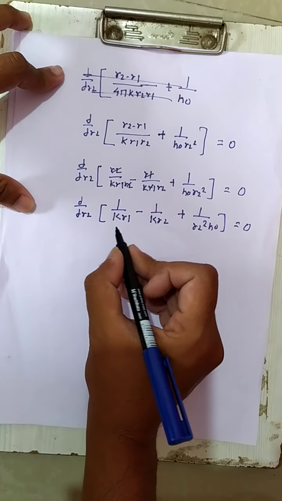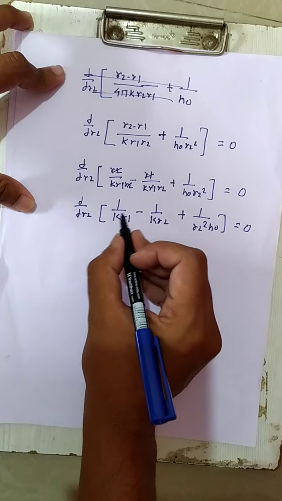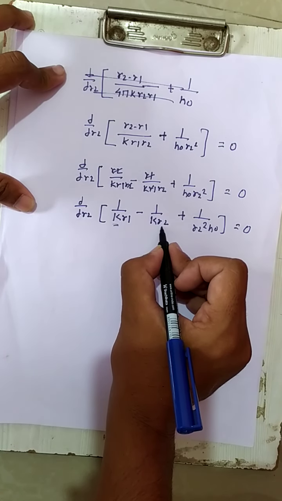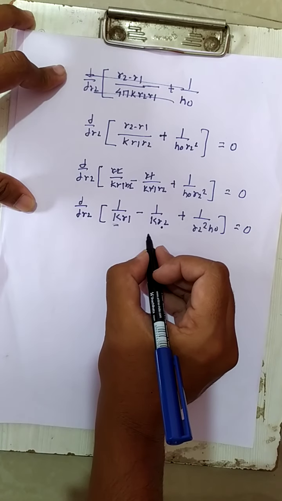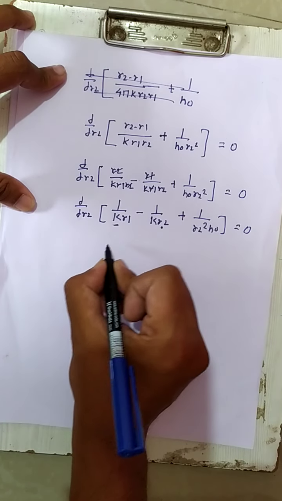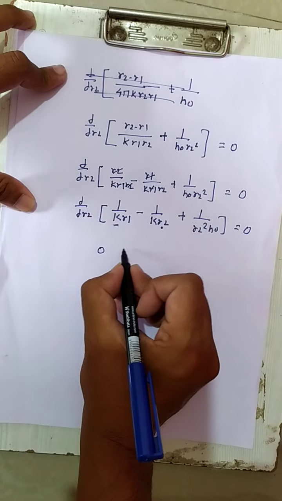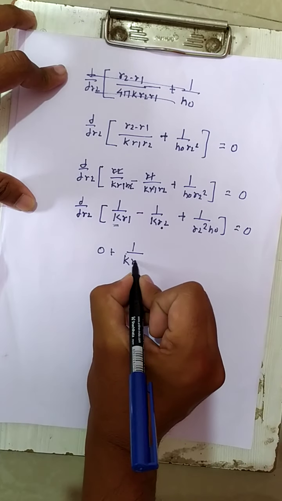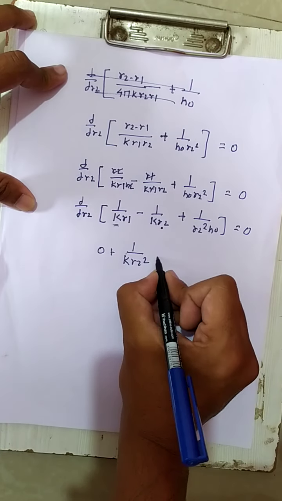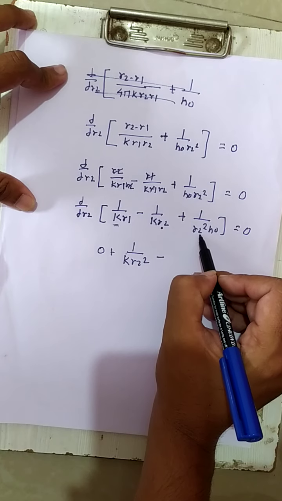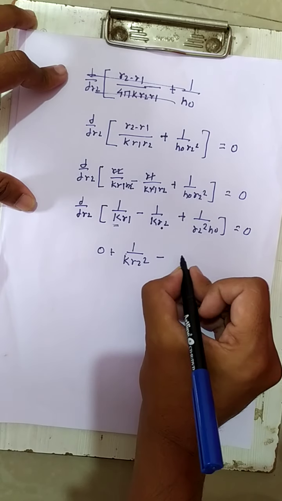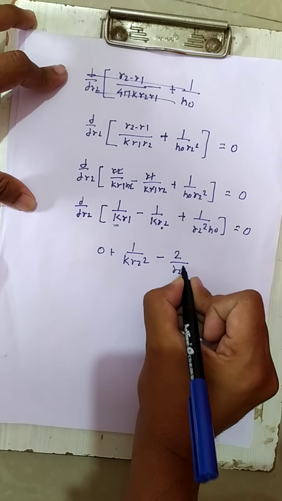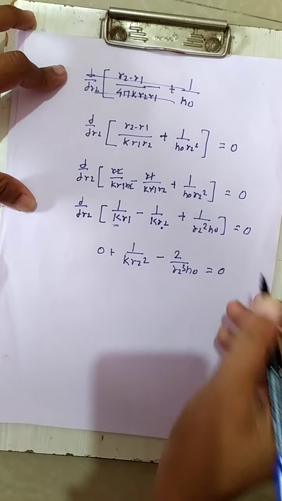So differentiating with respect to r2, the derivative of the first term is 0, the derivative of 1 upon r2 is minus 1 by r2 square, and this minus becomes plus 1 upon k r2 square, minus the derivative of 1 by r2 square, which is 2 by r2 cube, so 2 by r2 cube into ho is equal to 0.